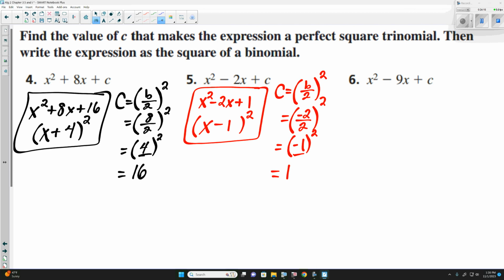Let's look at the next one. For the last one here, the value b would indeed be negative 9. So we plug it in to our formula and get the quantity, negative 9 over 2, close parentheses, squared.